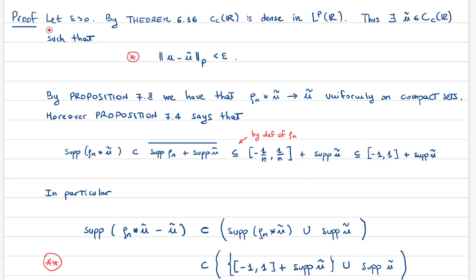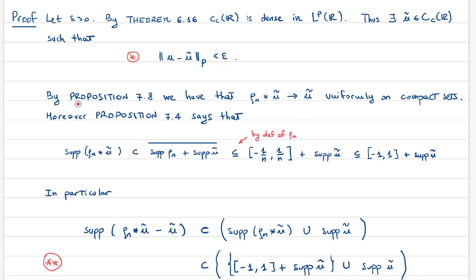So start by fixing epsilon larger than 0. By theorem 6.16 in the appendix on Lp spaces, we know that the continuous and compactly supported functions are dense in Lp. So this means that there exists u tilde in the compactly supported functions such that the Lp norm of u minus u tilde is smaller than epsilon.